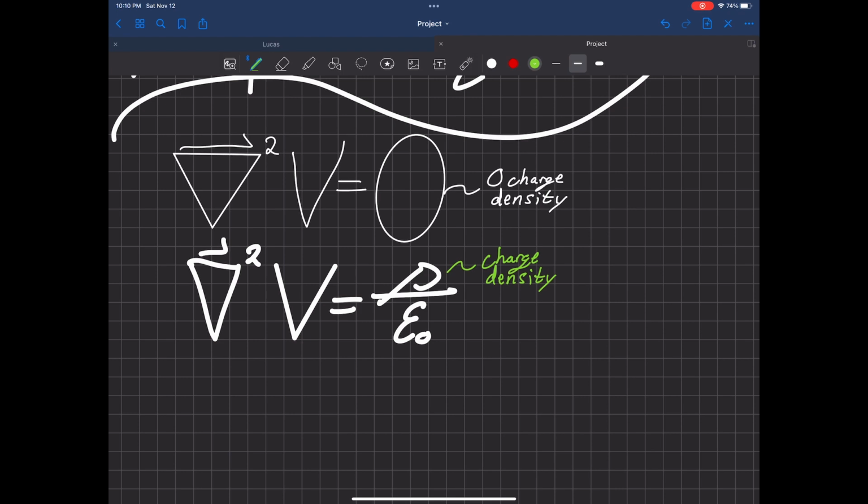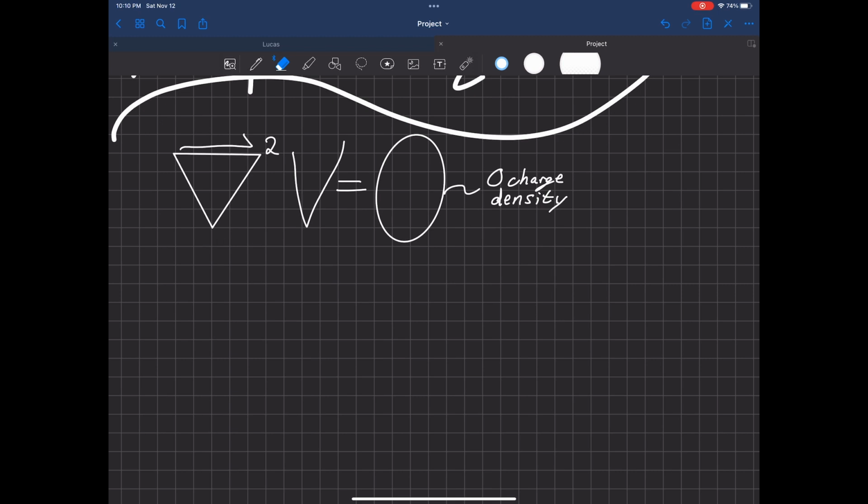And if your charge density is 0 in whatever space you're in, whatever box you're in, then you just end up with Laplace's equation. And this is super useful when we need to figure out some equation for our V. That's the whole point, to figure out some equation for our potential, right?